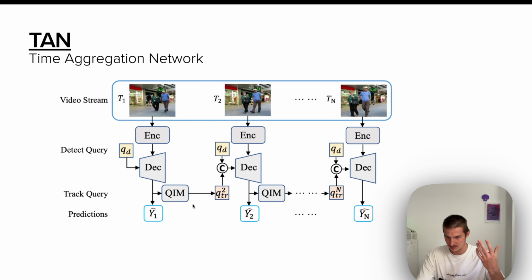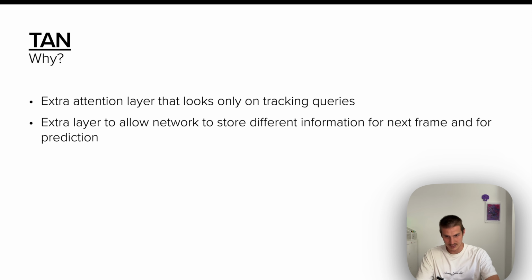Other than that, it's pretty much the same as in TrackFormer. In TrackFormer, instead of being passed through this network, we just copied those queries directly to the next frame, and here we deploy an extra self-attention transformer layer. Once again, the main reasons why that's needed: first of all, this extra layer only looks at the queries that track some objects, and the number of those is usually much smaller than the total number of queries.